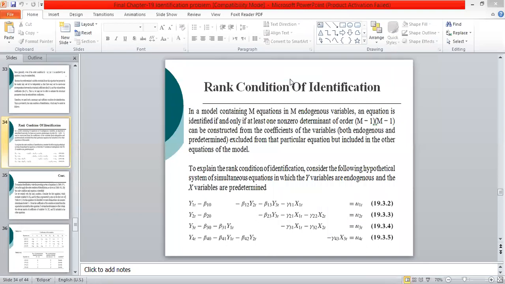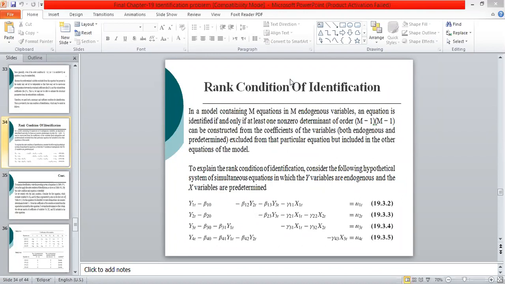Look again at the definition and try to understand it. In a model containing m equations in m endogenous variables, an equation is identified if and only if at least one non-zero determinant of order m minus 1 by m minus 1 can be constructed from the coefficients of the variables excluded from that particular equation but included in the other equations of the model.